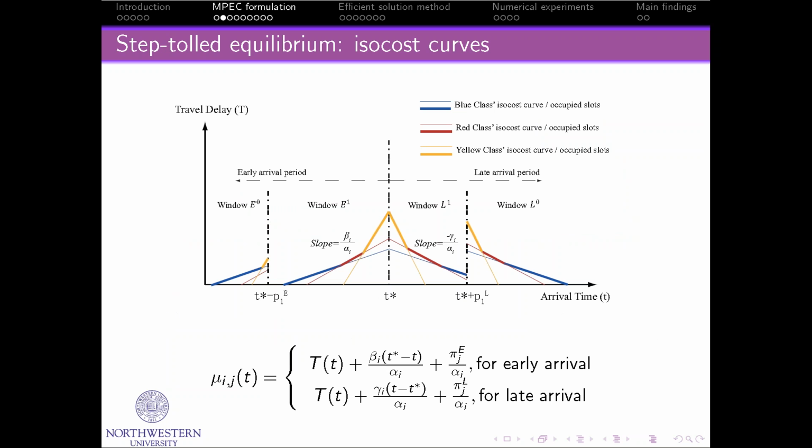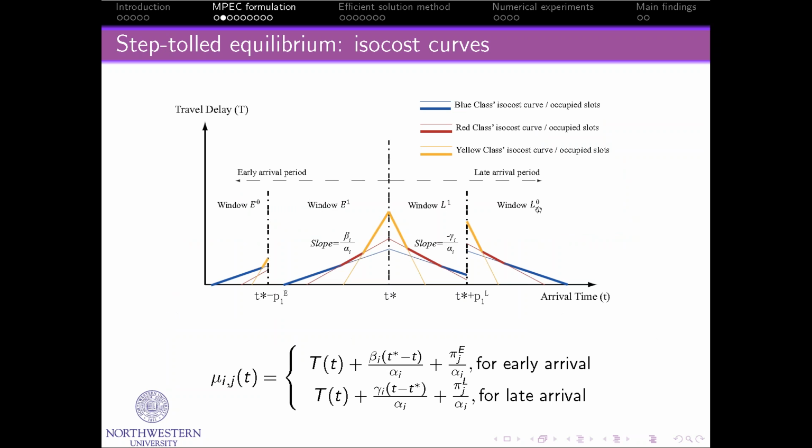Before we start to formulate the optimal design problem, we have to first consider the step toll equilibrium. Here we have a simple example which has three user classes, blue, red, and yellow, and also two toll periods, an early toll period and a late toll period.